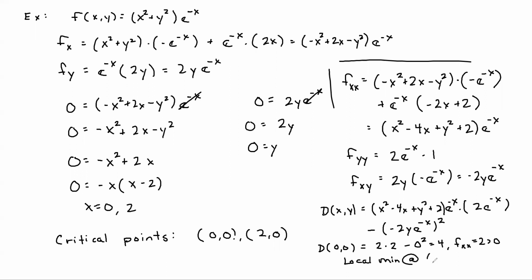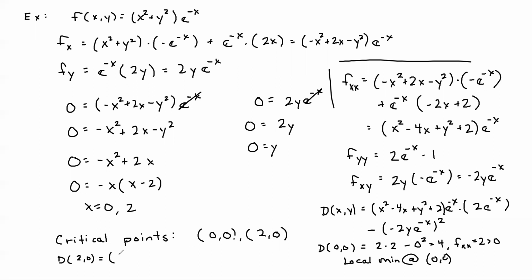at 0, 0. Okay, and then rather than go to another page, let's just do the second part over here. All right, so we're going to have D of 2 comma 0. That was our second critical point. What happens with that? We're going to have 2 squared minus, well, let's just write it out.